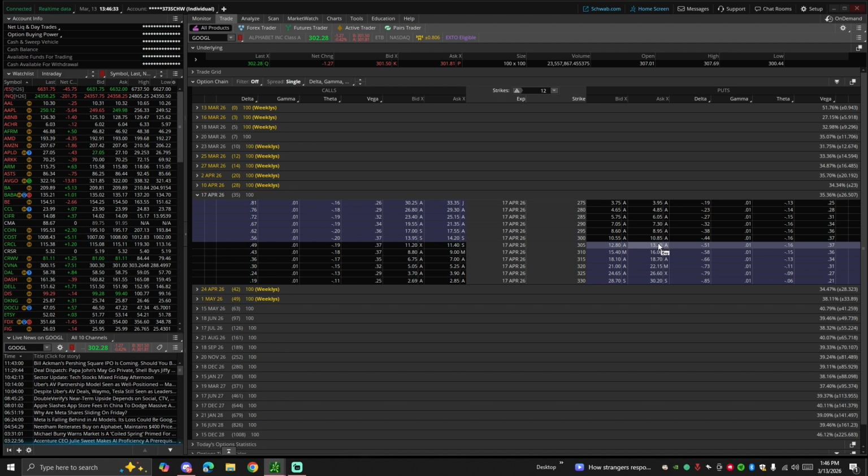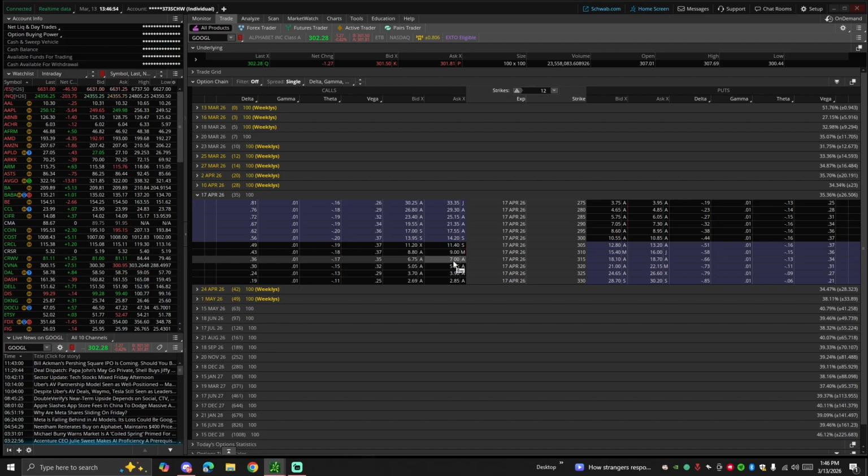If I want to do a debit spread, can you guys see my screen? Okay, so when I want to do a debit spread, I would buy my option closer to the money.